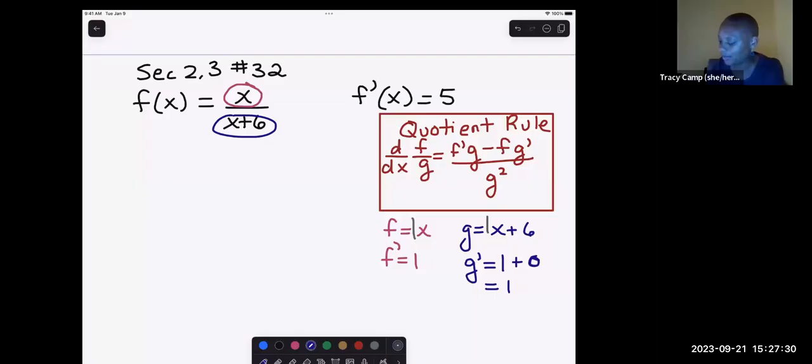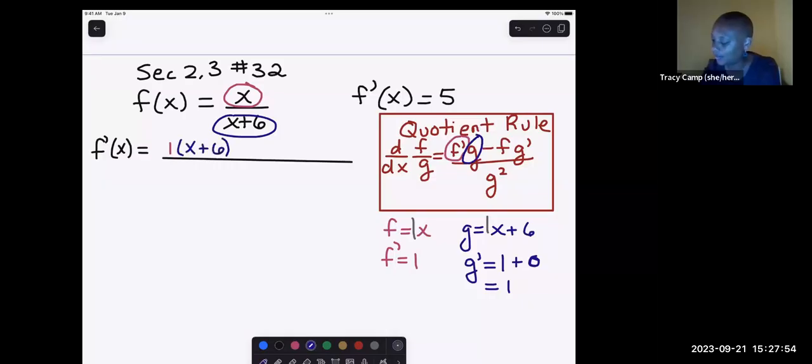From here, we can now find our derivative using the quotient rule. So I'll have f prime of x equals, with this fraction bar, I start off with my f prime, which is 1, times my g, which is x plus 6.